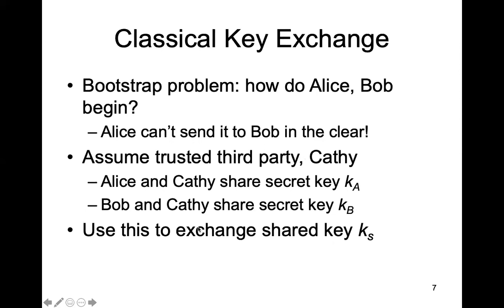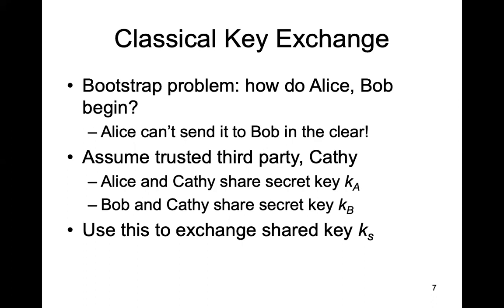Okay, so let us look at the classical key exchange problem, and of course the main issue here is that of bootstrap. If Alice and Bob have to establish a key that is only known to them, how do we even get started?